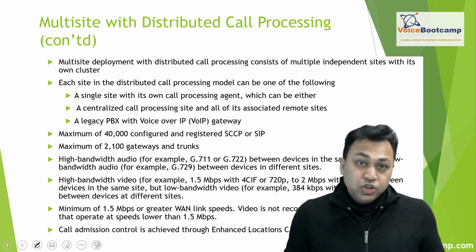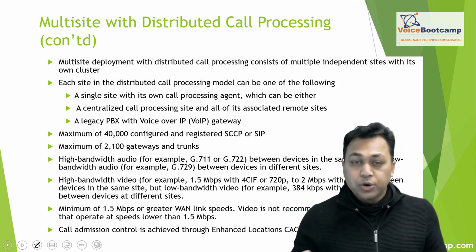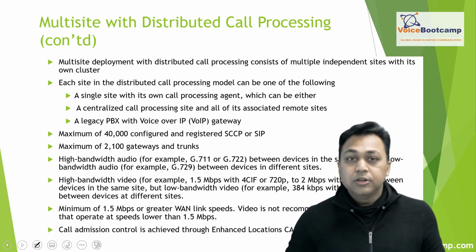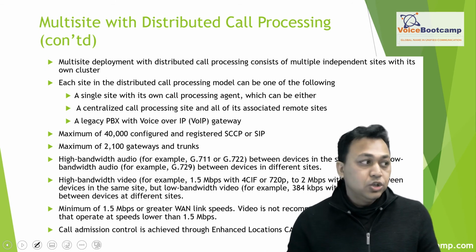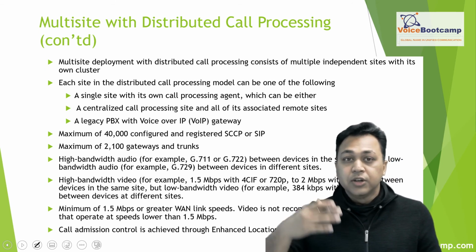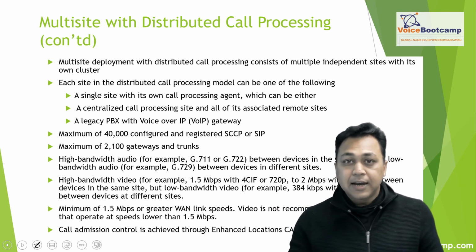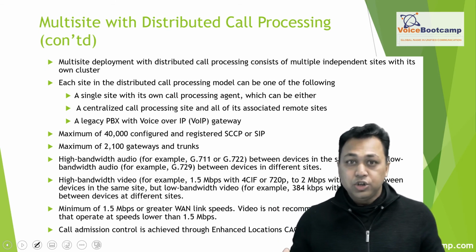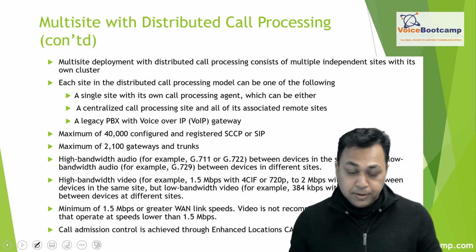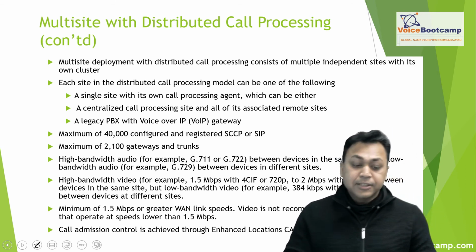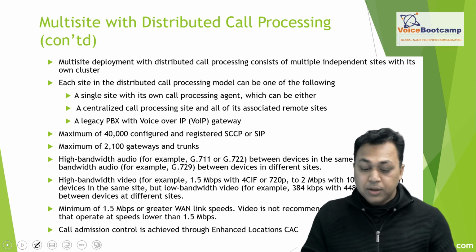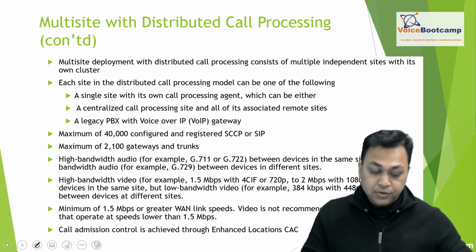Now, with a multi-site distributed, you could use different codecs for different regions. You could use a high-quality codec within your internal network, and G729 across the WAN. This is something that you have to decide based on your WAN and your environment. Again, the maximum number of phones is restricted per campus design, so that's something you have to work around.